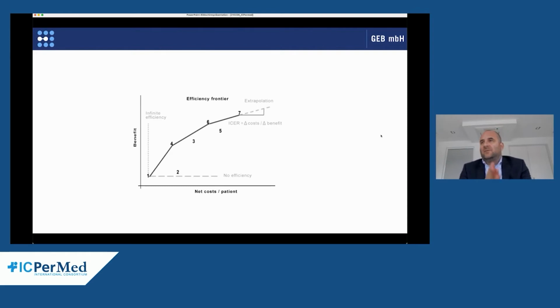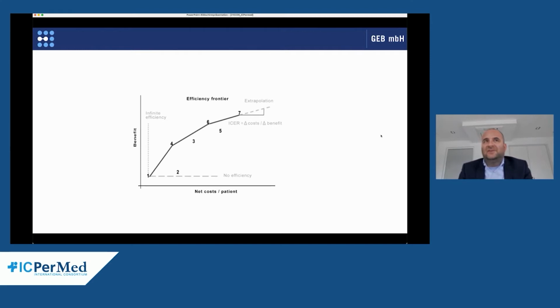In order to come up with an idea how much something can cost, the logic shows you that you have to measure the cost, which honestly is the easiest part, and you have to measure the benefit. And only if you have costs and benefit of a certain compound, drug, or technology, you can plot certain dots, alternatives in that framework.